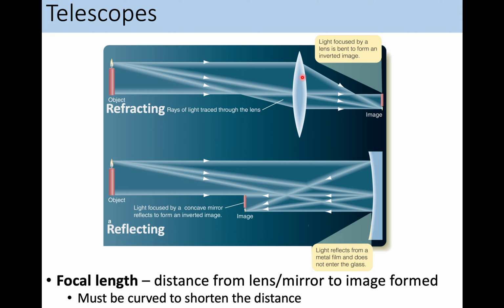You want the distance between your lens, which hopefully is within arm's reach on Earth, and the star to be a lot longer than the distance between you and the lens. So by curving the lens or the mirror, you're shortening the focal length between you and that lens. Instead of having the same distance between the lens and yourself and the lens and the object that you're trying to look at.